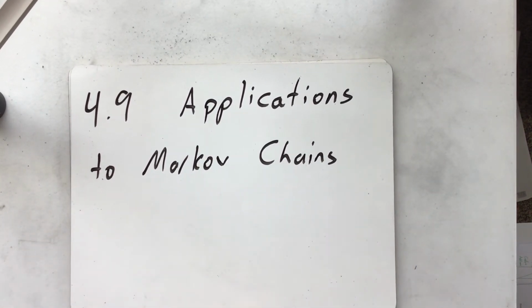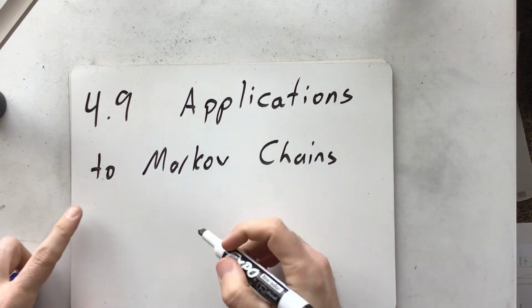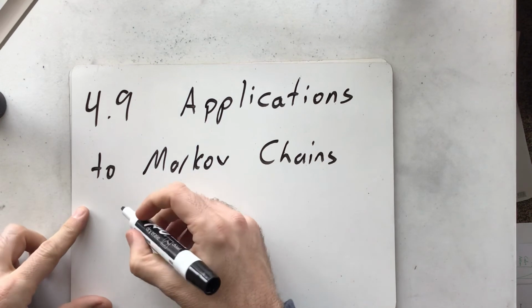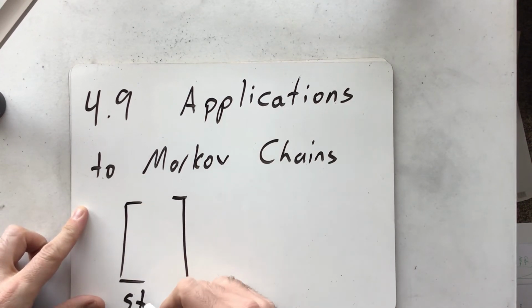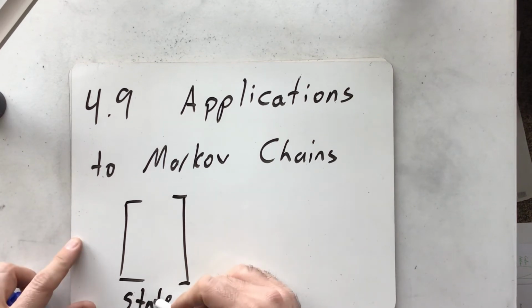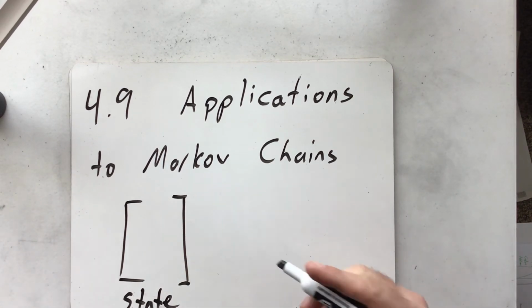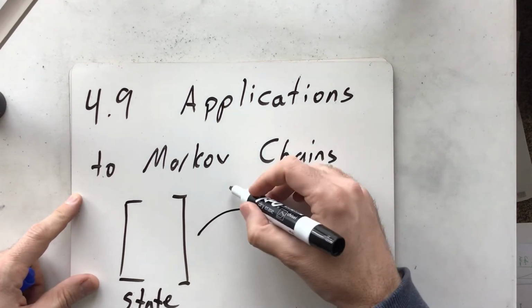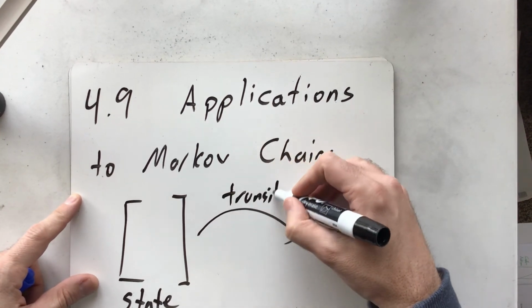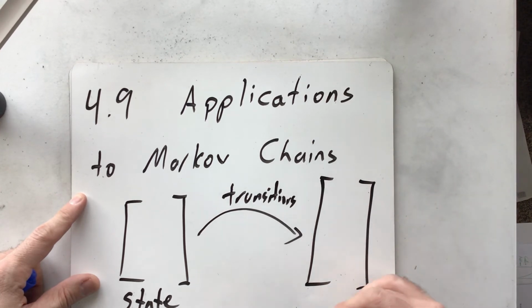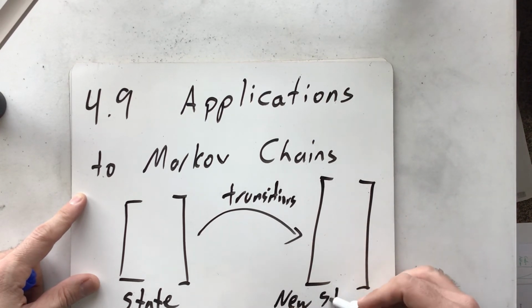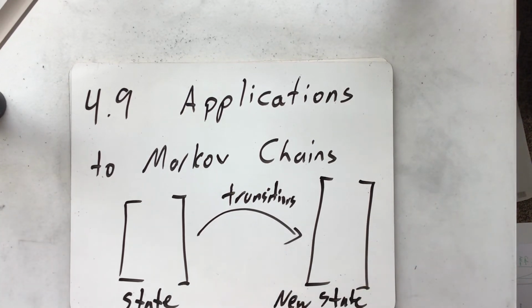In brief, a Markov chain is a way of thinking about a vector as a state of being. We've got some state in which we exist, and then our Markov chain transitions it to a new state. Markov chains are great for analyzing things that happen over time, and specifically things that are probabilistic.